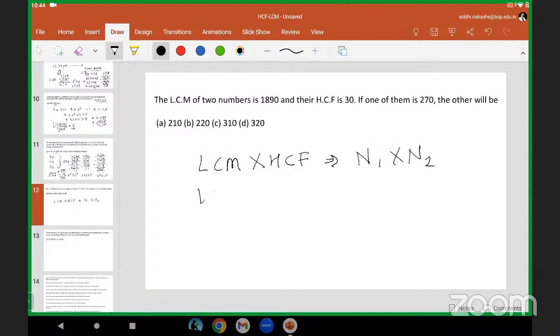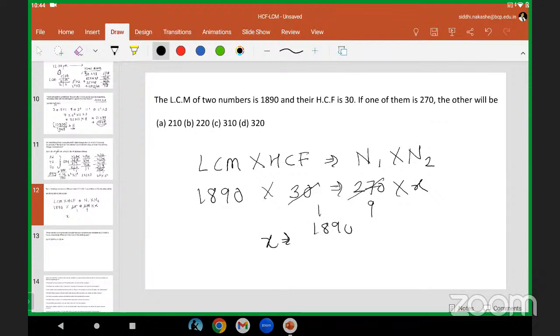The LCM of two numbers is 1890, HCF is 30, one of the numbers is 270, and the other number will be X. So finally 1890 into 30 upon 270, and upon 9 is 210. So your answer, according to this formula, is 210, option A.